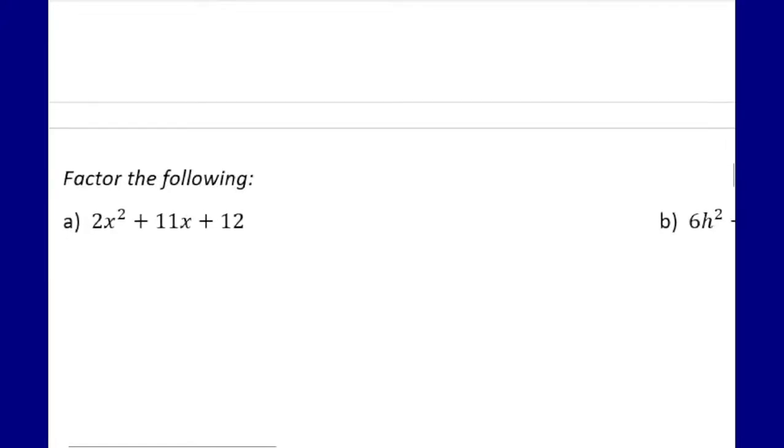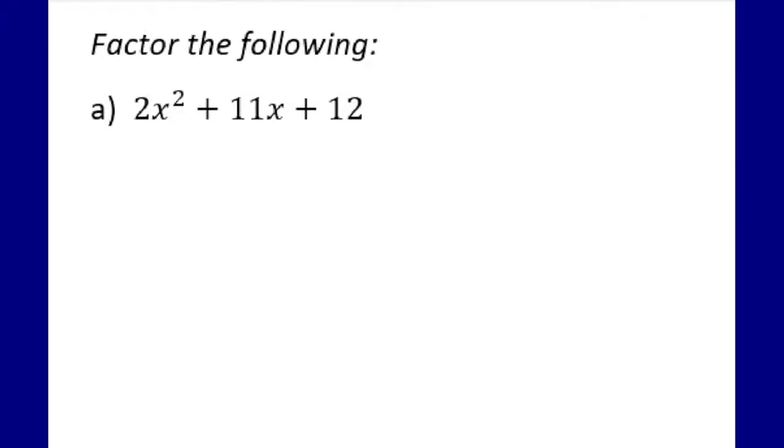So let's go through and factor. I have 2x squared plus 11x plus 12. The rules state I'm looking for two numbers that multiply to give me the product of A times C, or in this case 2 times 12, which is 24.